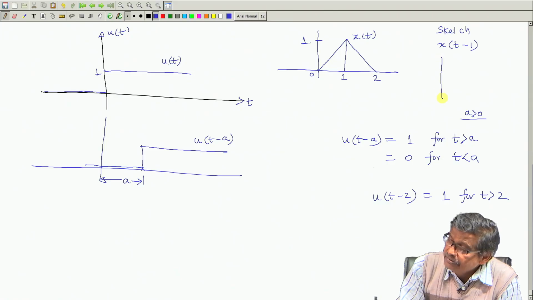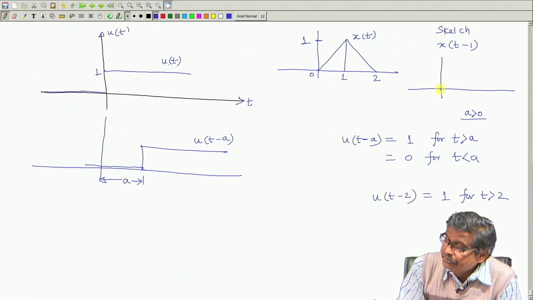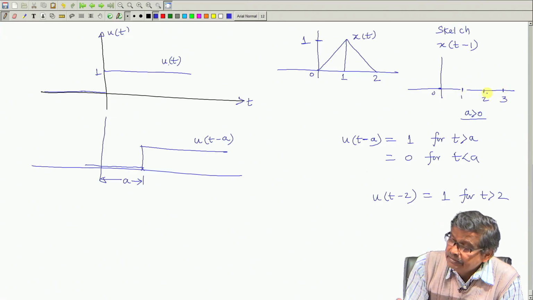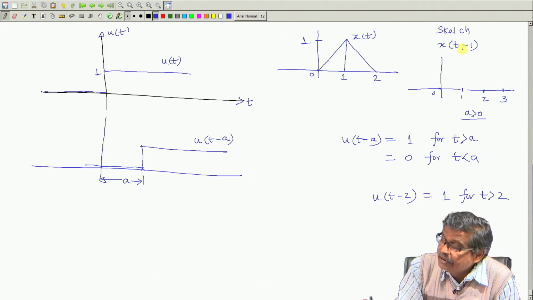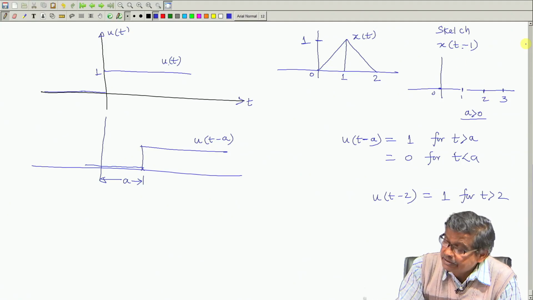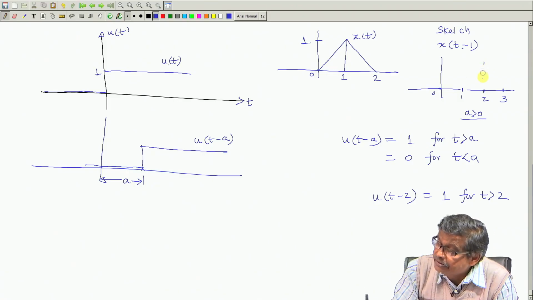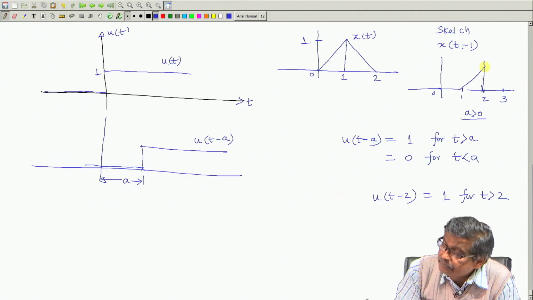This function, this is 0, this is 1, this is 2, this is 3. This function bodily shifts to the right by an amount 1. So, this function x(t minus 2) will be just like that.